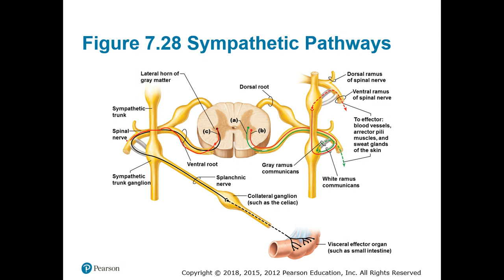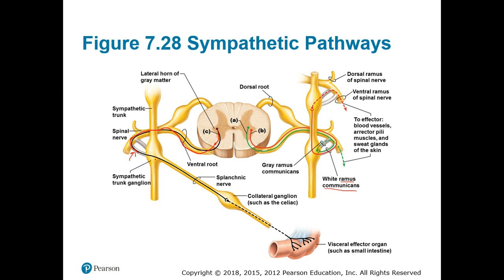Here, this part is considered our ramus. So it comes out through our ramus, through our ramus communicans. So here they actually have that white part labeled ramus communicans, which again is just right here, until it gets in here to your sympathetic trunk ganglion.